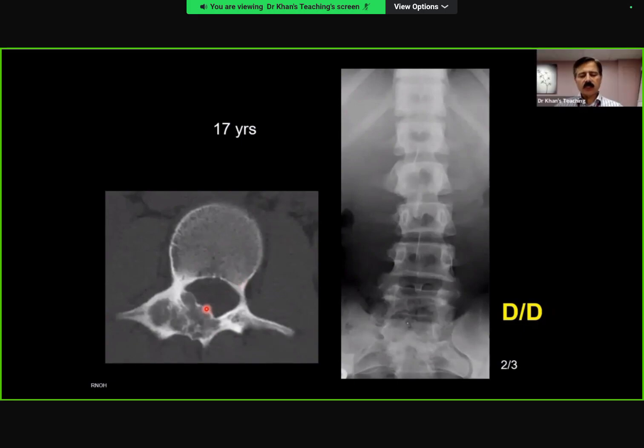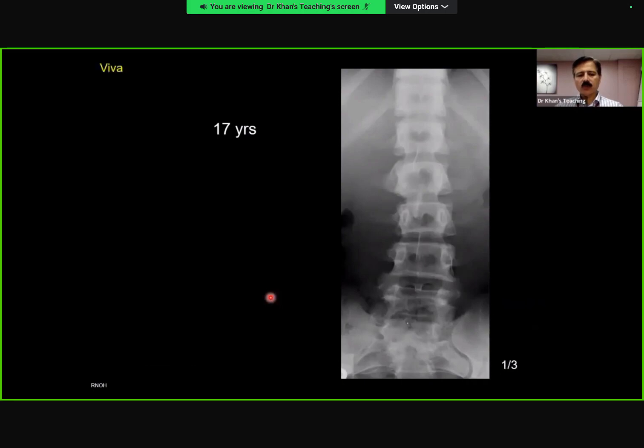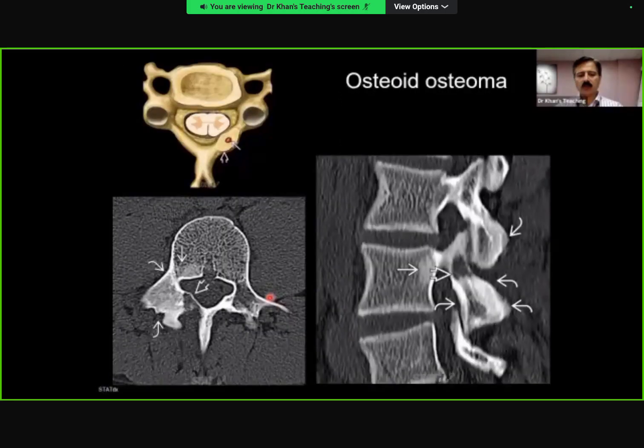But okay, now you have to develop your eyes for the difference between an osteoid osteoma versus an osteoblastoma. Now, what happens is that if the nidus is more than 2 centimeters, you call it an osteoblastoma.